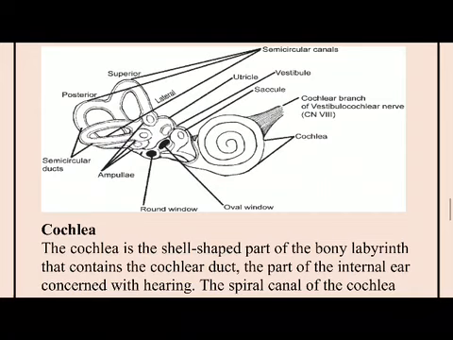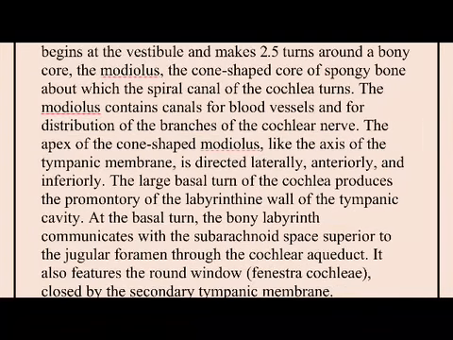You also have the spiral canal of the cochlea, which begins at the vestibule, and the spiral canal makes 2.5 turns around a bony core, the modiolus, which is the cone-shaped core of spongy bone, about which the spiral canal of the cochlea turns.